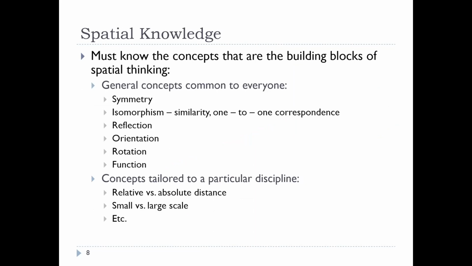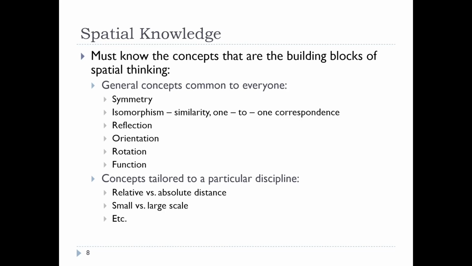Okay, so we have spatial knowledge. We understand that there are concepts that are building blocks of spatial thinking. Okay, and we've mentioned some of these already. You've had some experience with some of these in your first exercise, but these are concepts that are common to everyone. We kind of understand that. And then there are also concepts, as we've talked about, that are specific to a particular discipline.